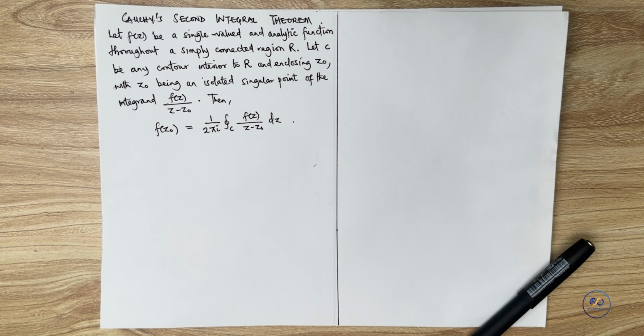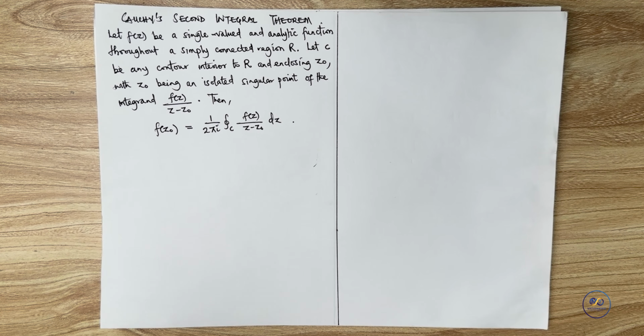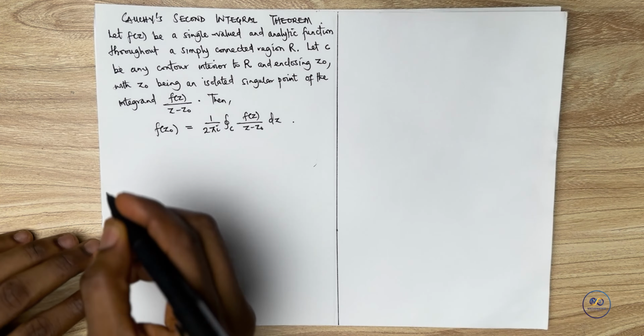Now, how can we do this, or how can we isolate it? We would be doing that using what is referred to as a cross-cut. Now, I will try to provide a diagrammatic representation of this so that we have an idea of where we are going based off this theorem.